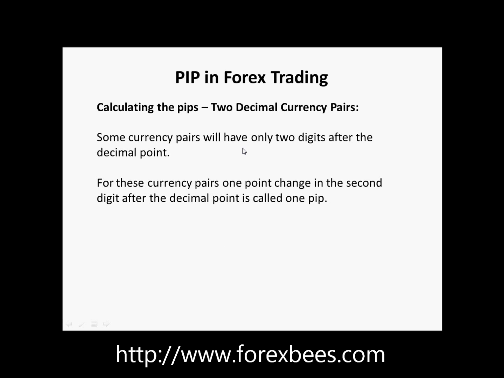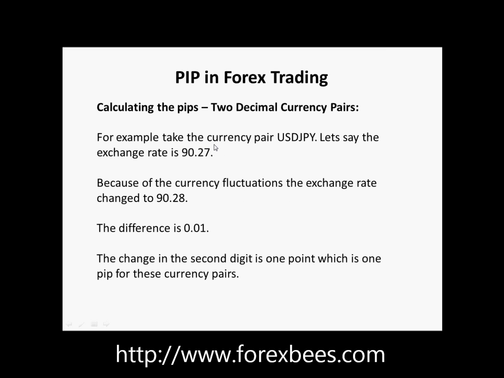Some currency pairs will have only 2 digits after the decimal point. For these currency pairs, a 1 point change in the 2nd digit after the decimal point is called 1 pip. For example, take the currency pair US dollar Japan yen. Let's say the exchange rate is 90.27.